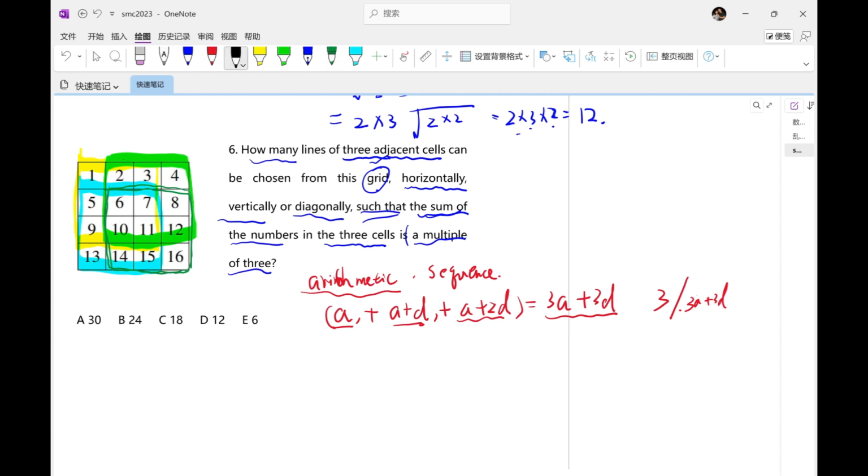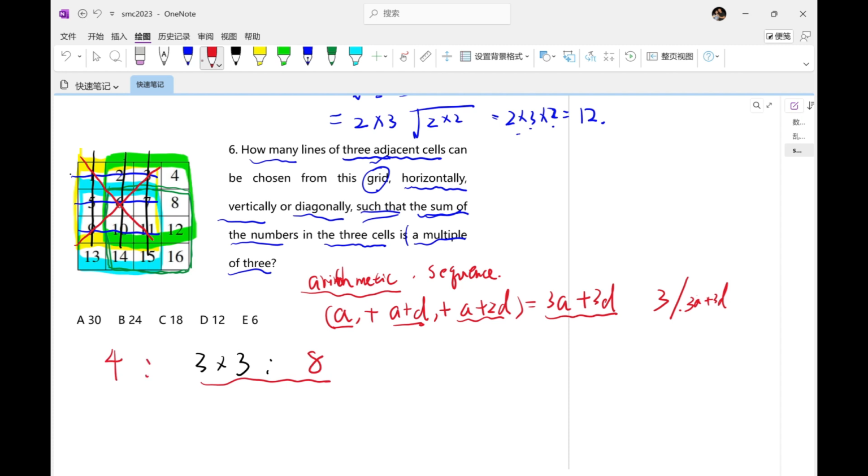For each 3 by 3 grid, we find there are 8 lines: 3 horizontal lines, 3 vertical lines, and 2 diagonal lines. And it is 8.